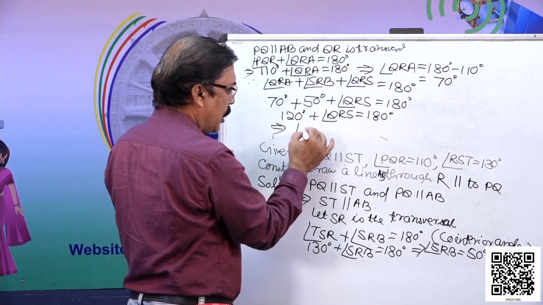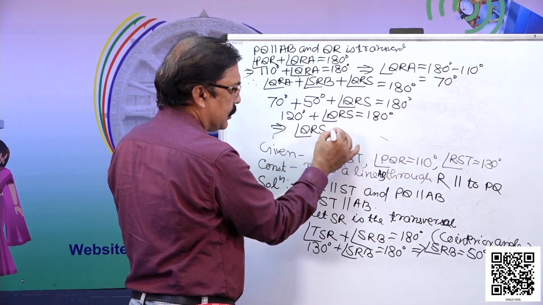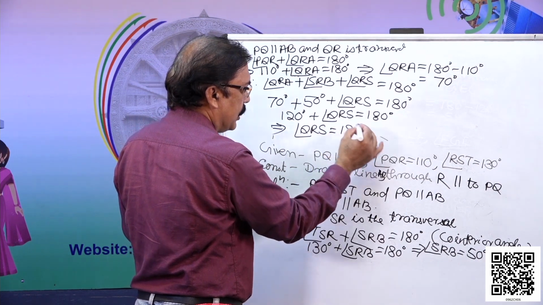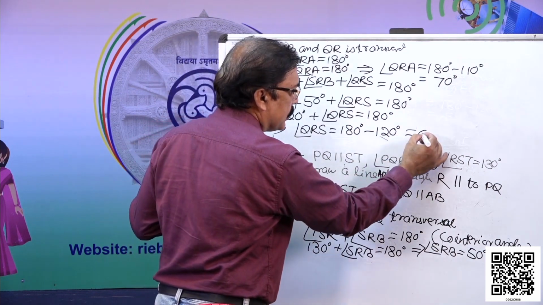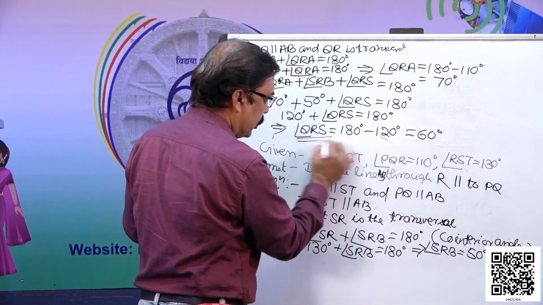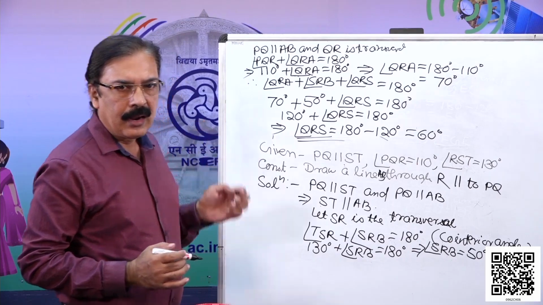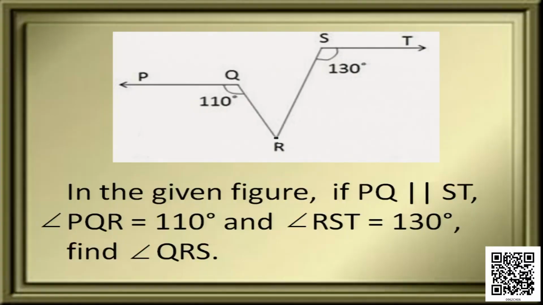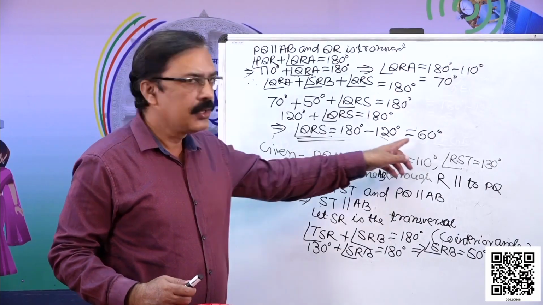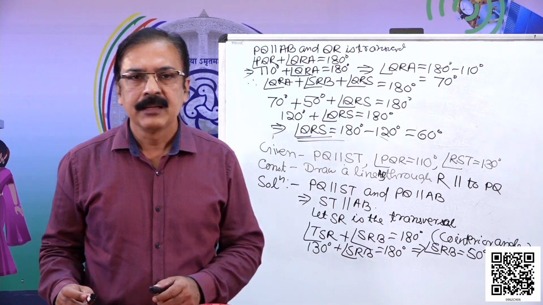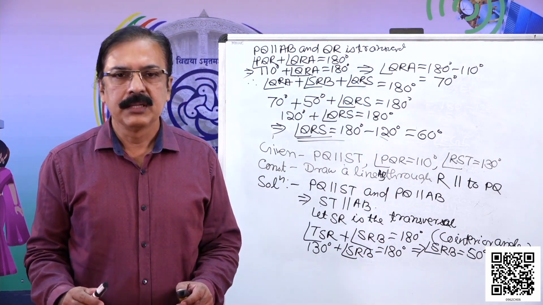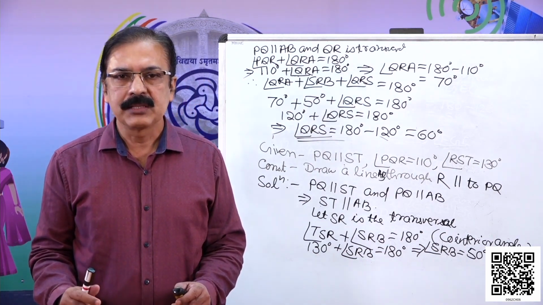This shows angle QRS is equal to 180 degree minus 120 degree, that is 60 degree. So this was our question, find angle QRS, and we found that the value of angle QRS is 60 degree. So just by applying the theorems of the parallel lines we can solve it.